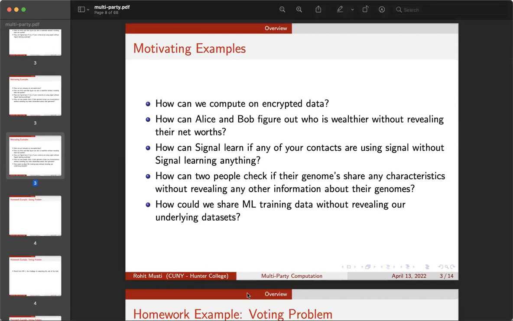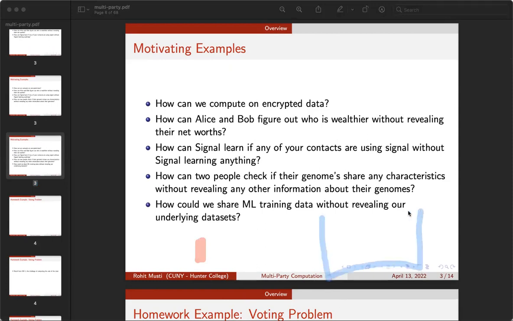Another really popular example is how do we share machine learning data without revealing our underlying data sets? This is a really interesting one. Here I am in user land, and here Facebook is in advertising mega giant land.